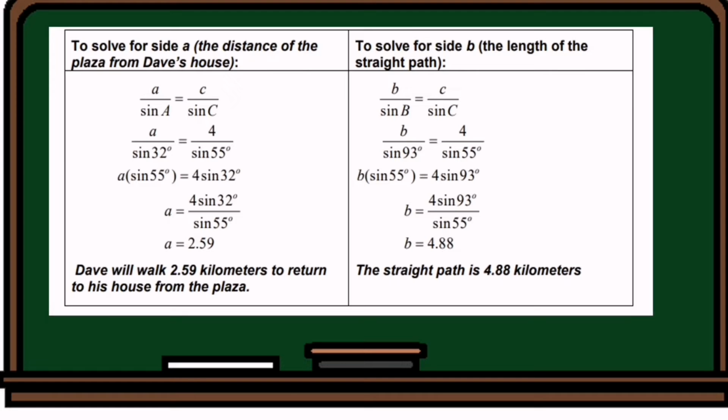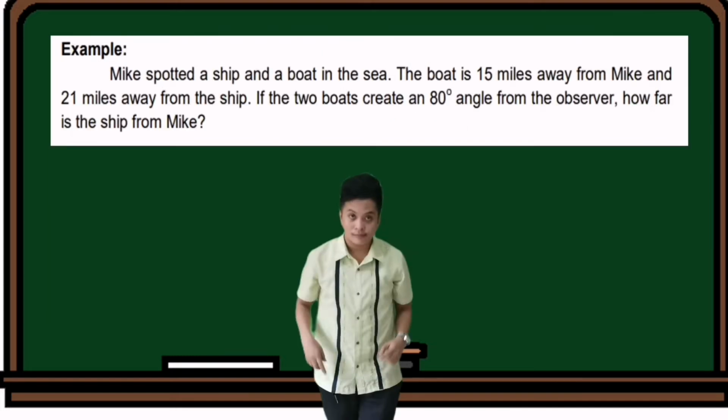To solve for side b, the length of the straight path, we will use b over sine B is equal to c over sine C. Substitute the values of angle B and C and the measure of side c. Cross multiply, simplify, and find the value of b. You will get 4.88. The straight path is 4.88 kilometers.